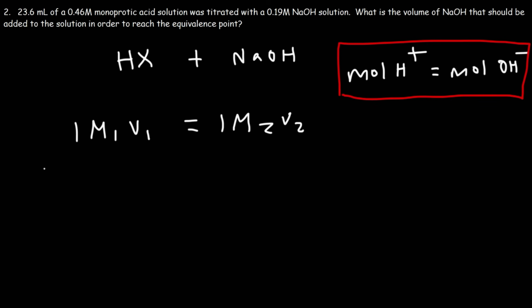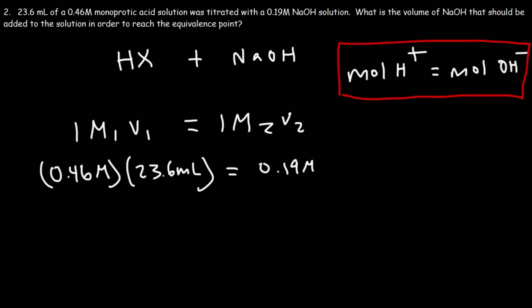The concentration of the monoprotic acid is 0.46, so that's M1. V1 is the volume of that monoprotic acid, so it's 23.6 milliliters. M2 is 0.19, and we're trying to calculate the volume of base that we need to add to reach the equivalence point. So we're looking for V2.